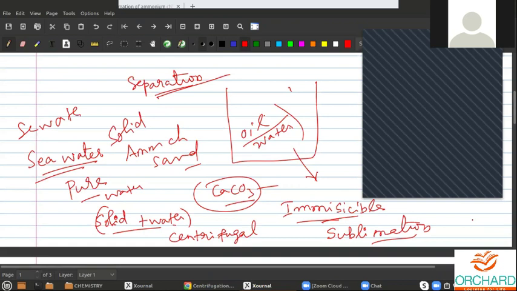Okay, solid to liquid, solid to gas. Solid to gas is called sublimation when heated. When you apply some amount of heat, the solid completely transfers into gaseous state. That is called sublimation. You can use the sublimation technique to separate the solids which sublime upon heating.